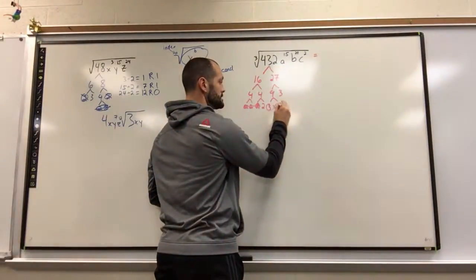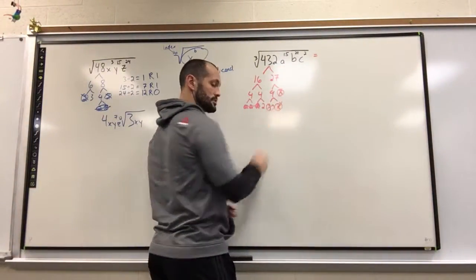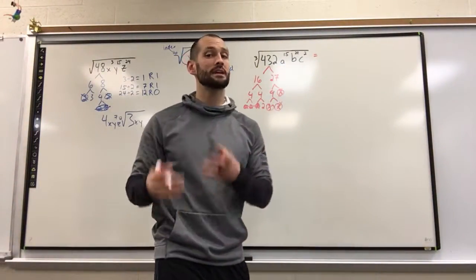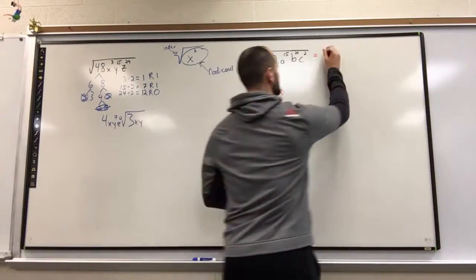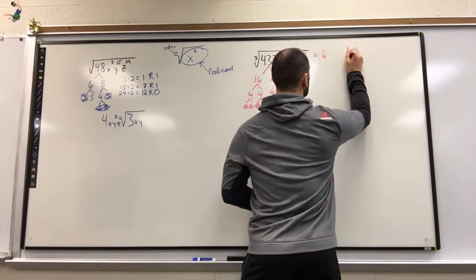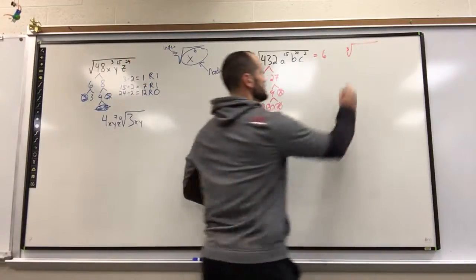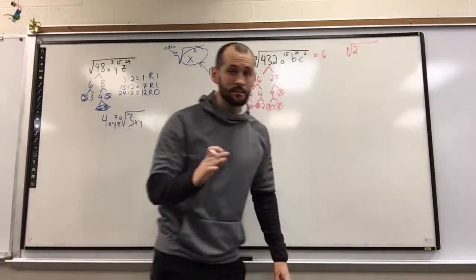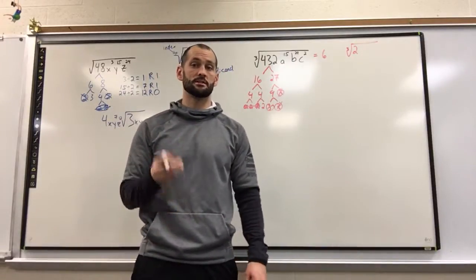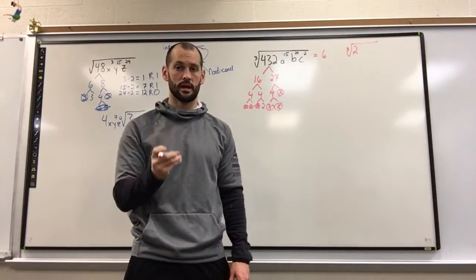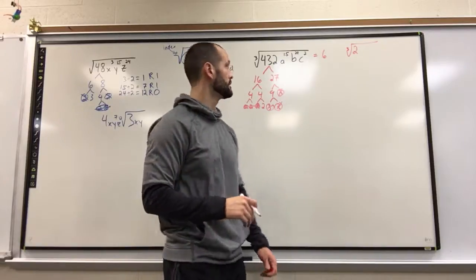I have 1, 2, 3 3's, so a 3 is allowed to come out. So on the outside total, I'll have 6. The only thing left is 2. Same exact skill, only the doorman tells us we're looking for a different grouping. Instead of 2, we needed 3 of something.